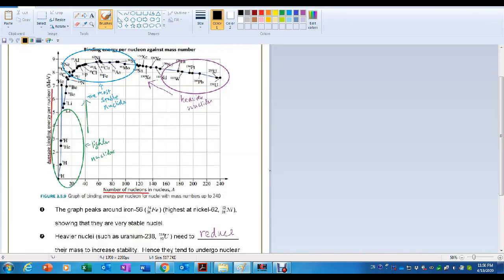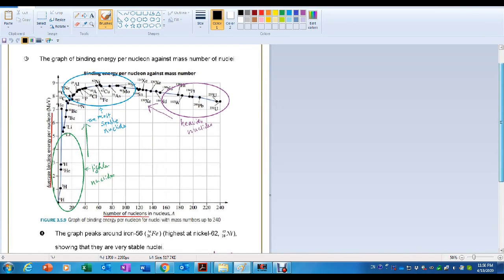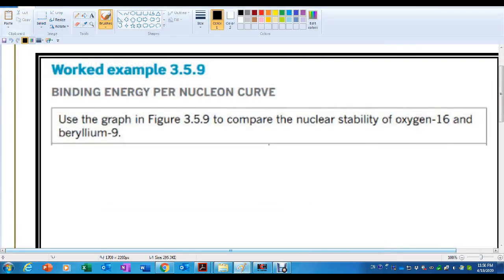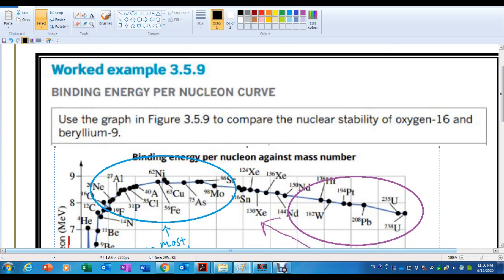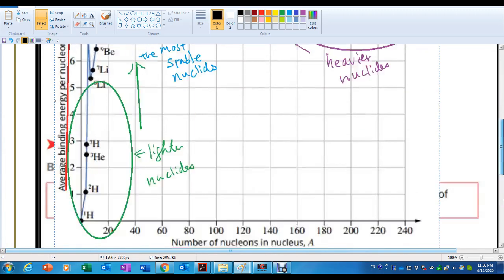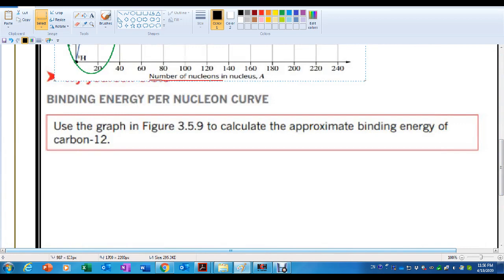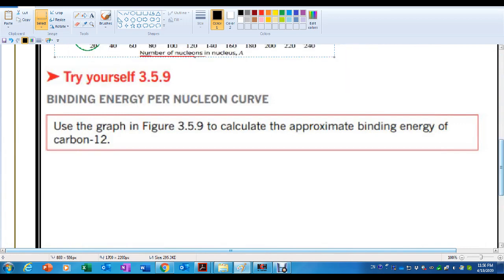Let's see. Okay, so here's the graph. Oh, I cover everything. Make it smaller.